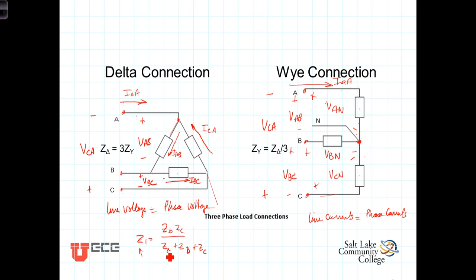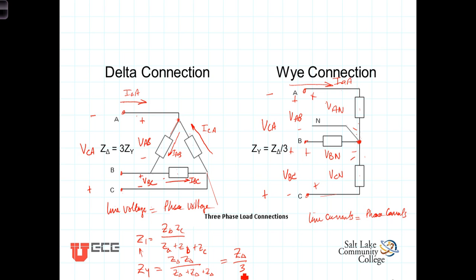So this was ZY. Now, in a balanced three-phase system, the delta-connected impedances are all equal. So we would have then, and I'll just call it Z delta times Z delta over Z delta plus Z delta plus Z delta. And so you get Z delta squared over 3 Z delta. That leaves us then Z delta over 3.